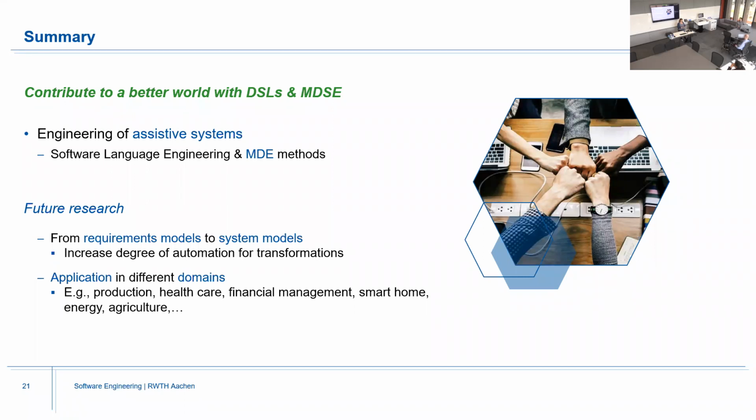But there are also other domains where this could be interesting to apply. So in case you have ideas on which domains would be interesting or where you want to collaborate, I'm happy to hear about that.